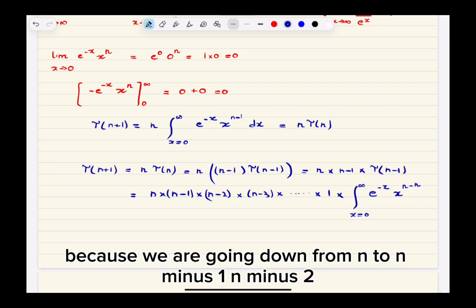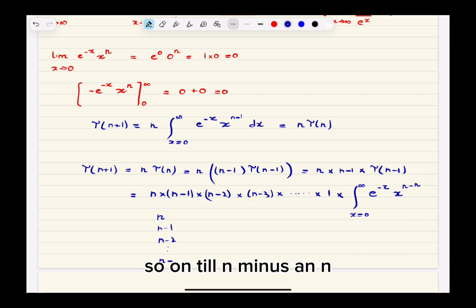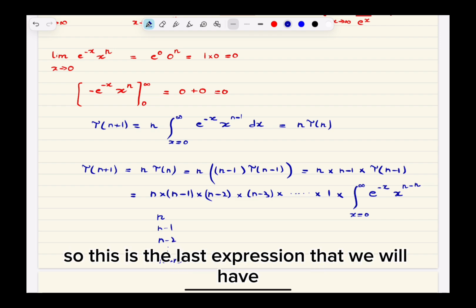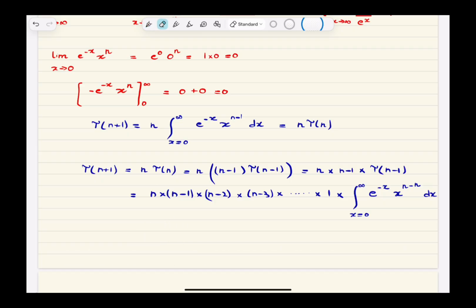Because we are going down from n to n minus 1, n minus 2, and so on, till n minus n. So this is the last expression that we will have.